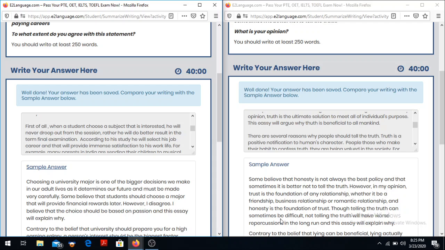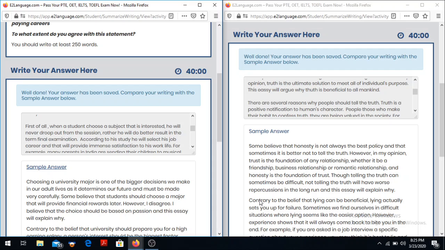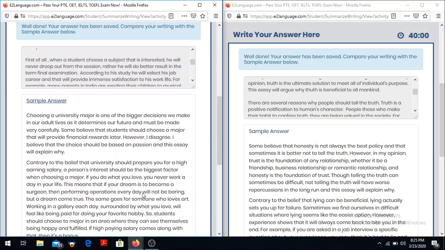Though telling the truth can sometimes be difficult, not telling the truth will have worse repercussions in the long run, and this essay will explain why. So here also the writer gave his opinion.